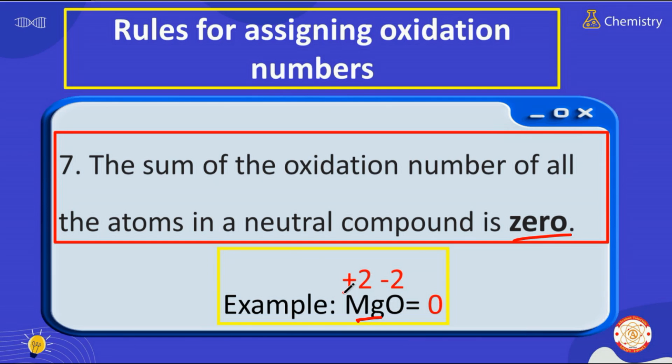Exactly, so +2, and the oxidation number of oxygen is usually -2. Therefore, in this case, it's -2. So +2 plus -2 gives us 0. So remember, the sum of the oxidation numbers of all atoms in a neutral compound is always 0.